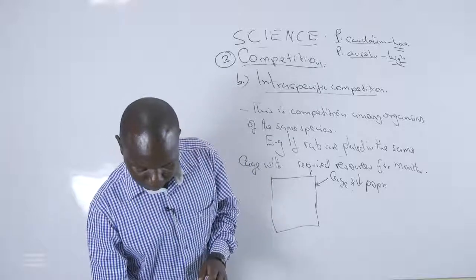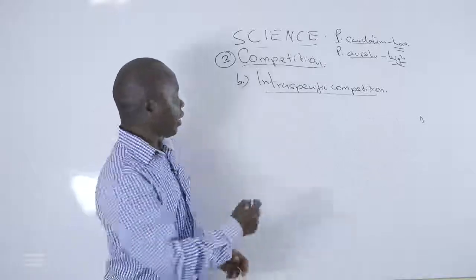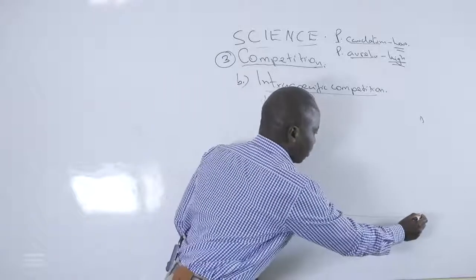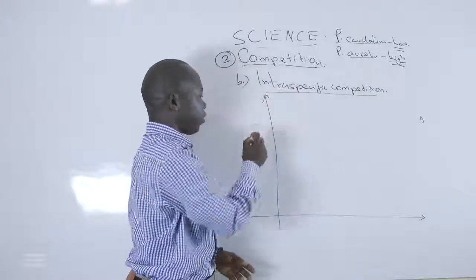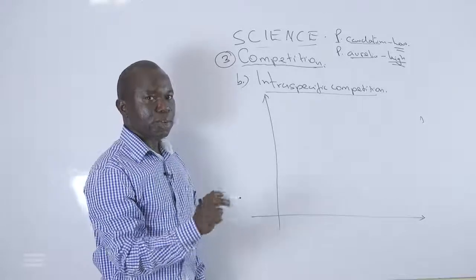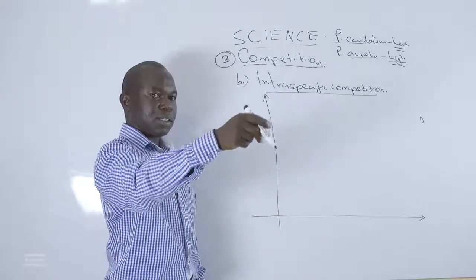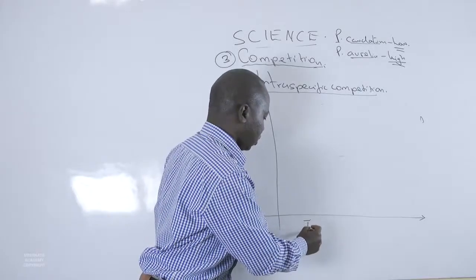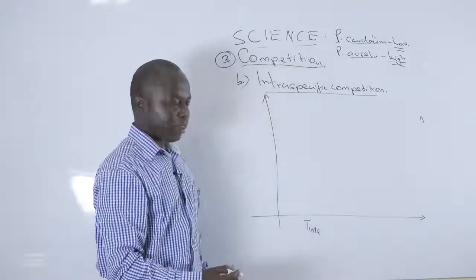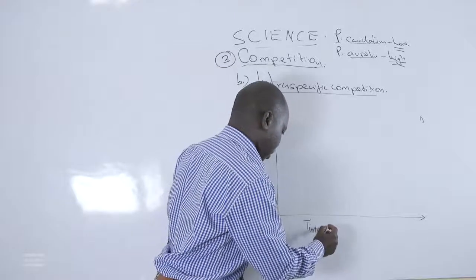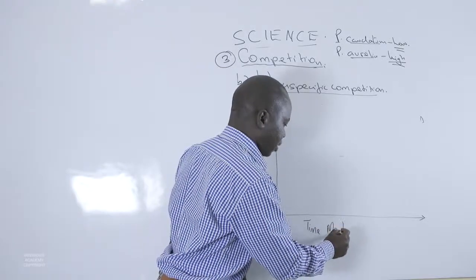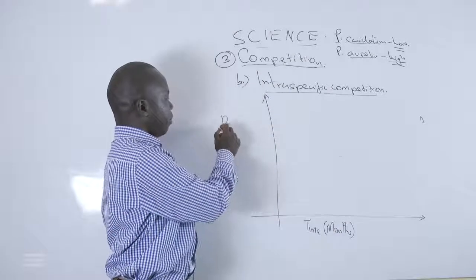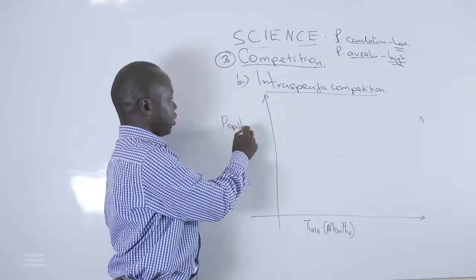So now we can illustrate intraspecific competition using this kind of curve, where there will be normal growth, but at a point, the population starts to decrease. So in our case, if we are looking at rats, we use months for time, and then we have population density.